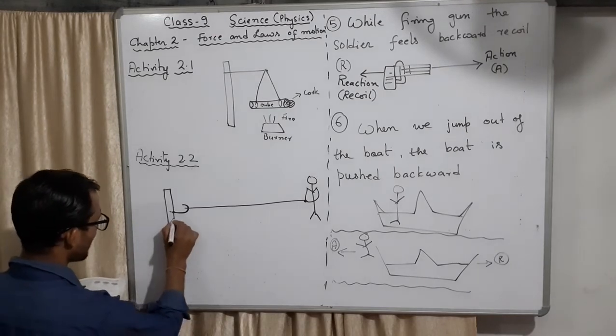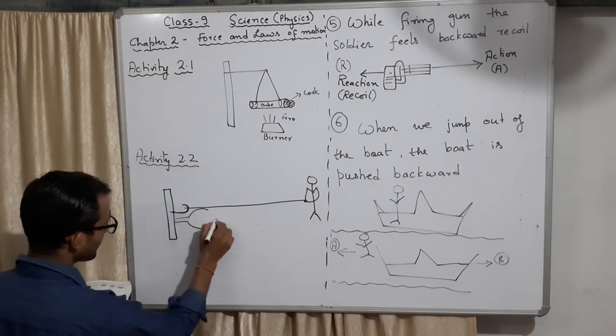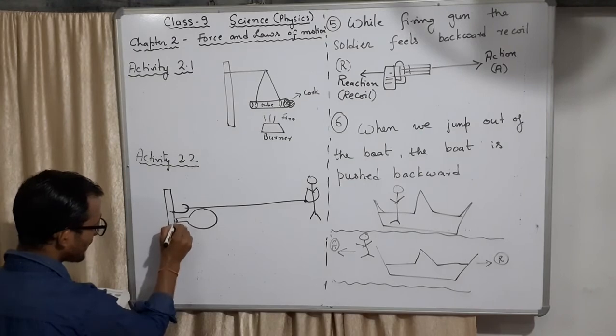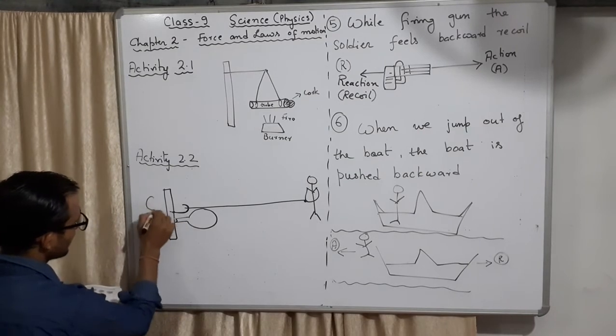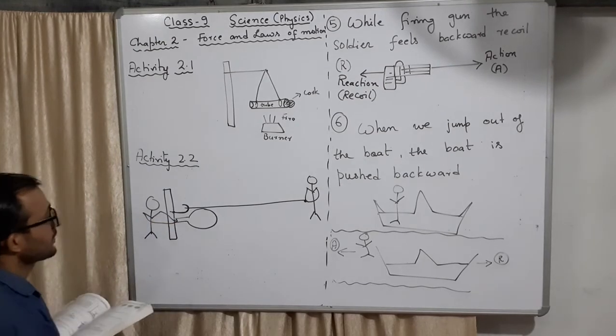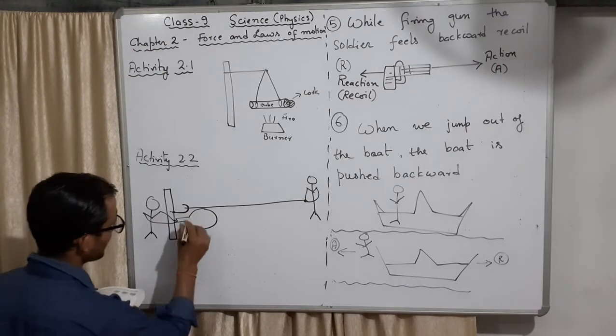Now I come with a balloon. You can hold it here with your hands. This person may hold this balloon here with his hand. The balloon is filled, and the important part is this one.